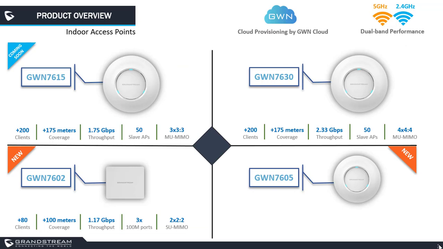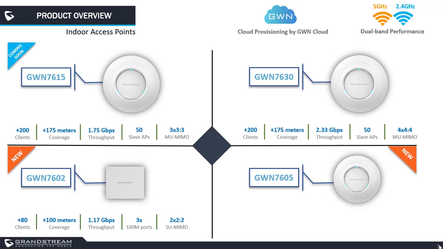So next we have the GW1 7630, which is a high-performance 802.11ac Wave 2 Wi-Fi access point designed for small to medium-sized businesses, multiple floor offices, commercial locations, and also branch offices.